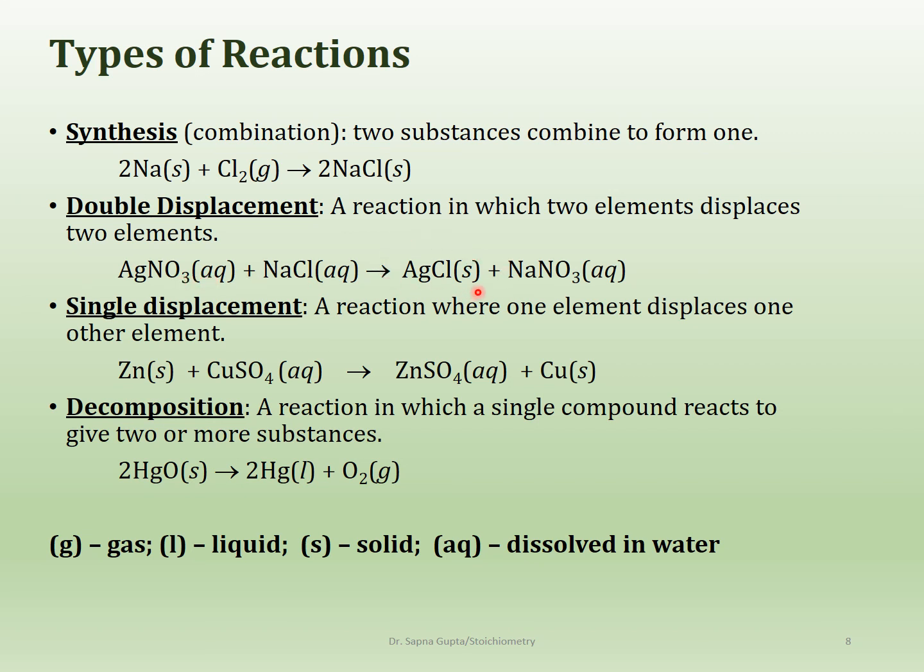Silver chloride here is a solid, and that is not dissolved in water, and this is not a liquid. Anything that is dissolved in water is going to be considered aqueous. Anything that is in liquid state will be considered liquid. So for example, water is a liquid. Water is not aqueous. Anything dissolved in water is aqueous. So these are the different phases that we have for writing reactions.